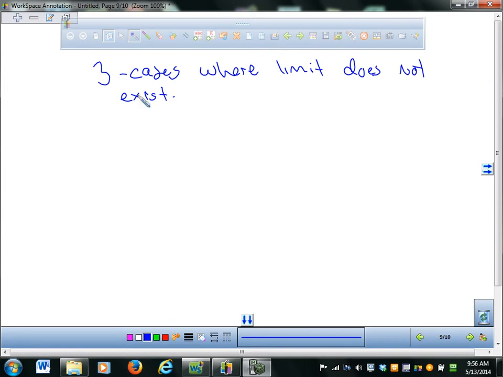The first case is like the absolute value of x over x: the limit approaches different values from the right and left.